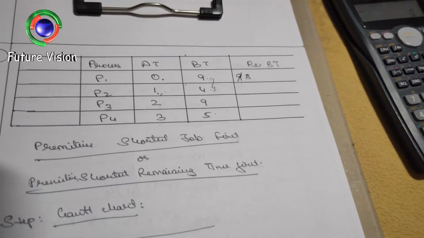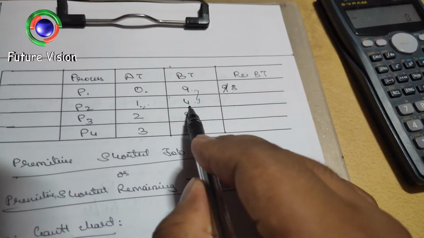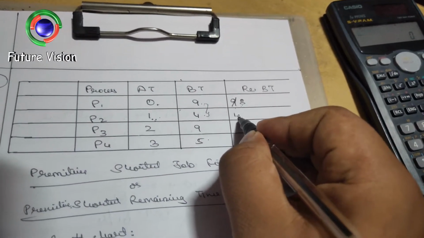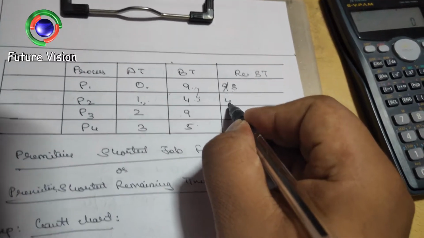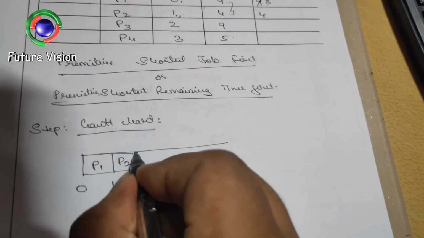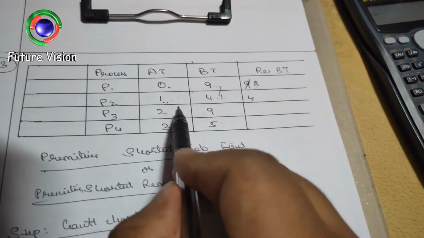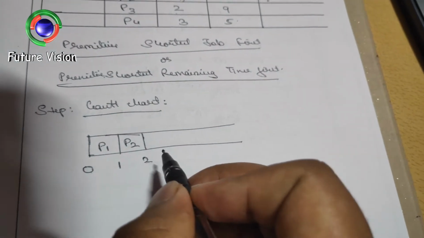So P2 and P1 are compared, that is 8 and 4. 4 takes the lead as it is the shortest burst time. So now P2 comes to the Gantt chart. The next arrival time is at 2, so P2 gets till 2.